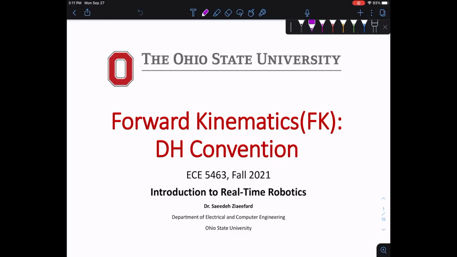Make sense? Now, we are going to use another method that gives us the same 4x4 matrix, but using a different method. If you remember, in POE, we said we are going to consider a fixed frame, and we fixed it at the base, right? If you're reading your book or you're watching the videos from the author of the book, there's another way of doing this.